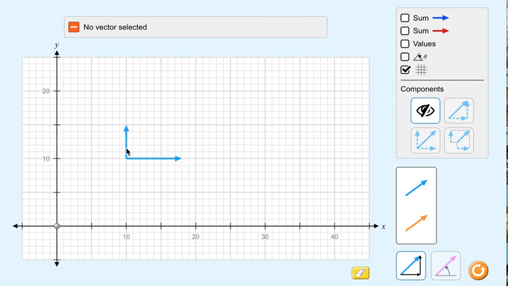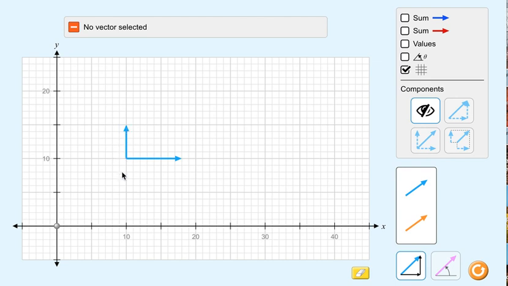So this size here would be 5, and then here we're going across from 10 up to, what's that, 18. So this one along here would be 8. Okay, so we've got 5 and we've got 8, and so we can describe the forces here.